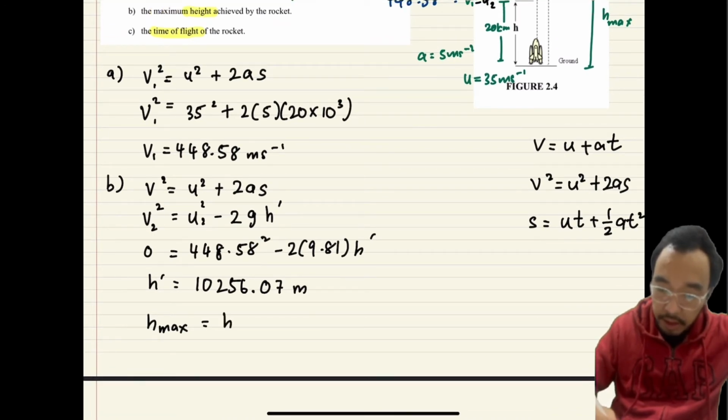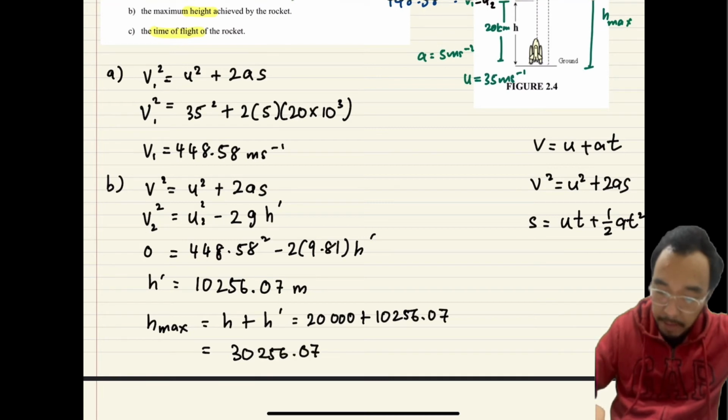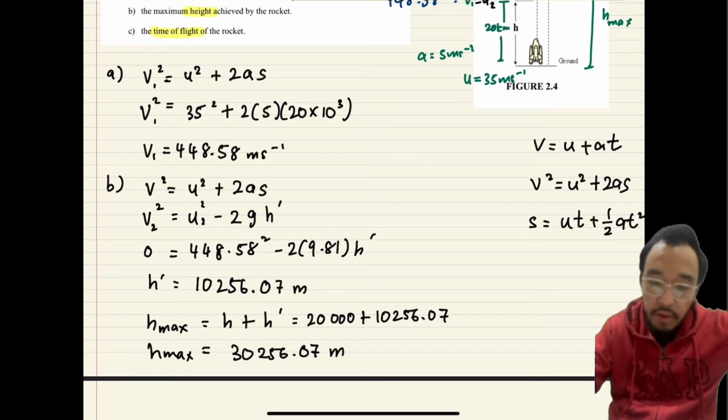So H plus H prime becomes 20 kilo, change to meter. Okay, I got here is 30,256.07 meter. This is the distance from the ground. So when you measure the height, always measure from the ground.